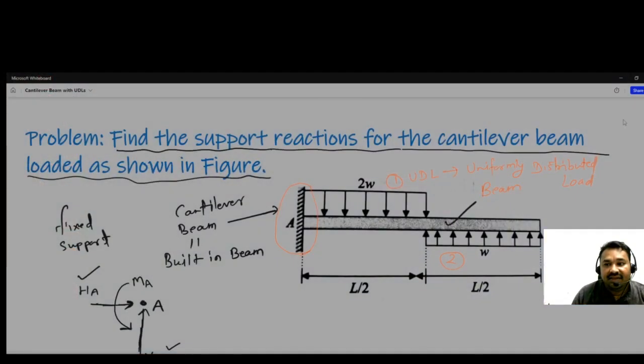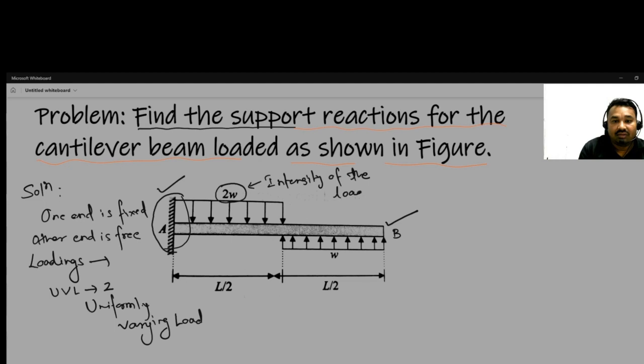Okay, so what we have to do, we have to firstly focus on this upper one, the UVL. So what will be the area? Here, this area is actually a point load.